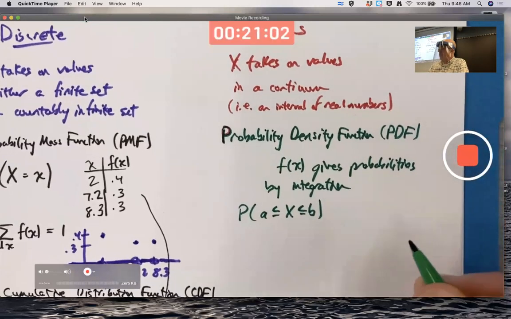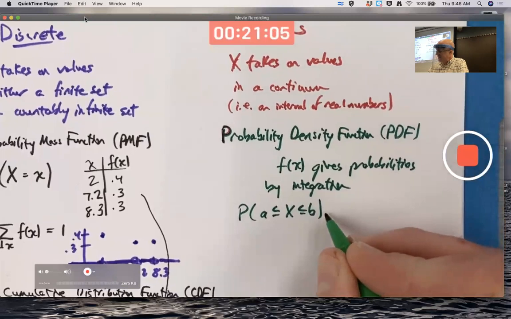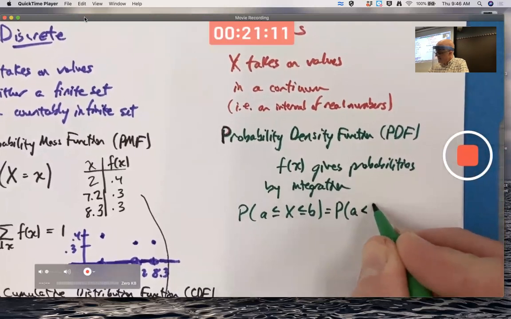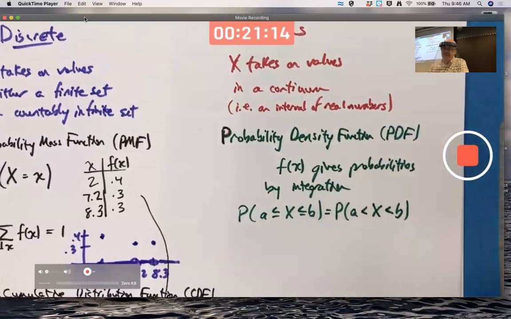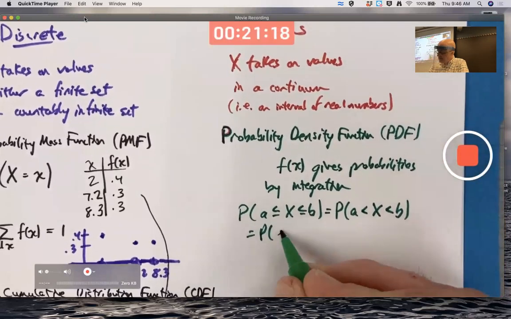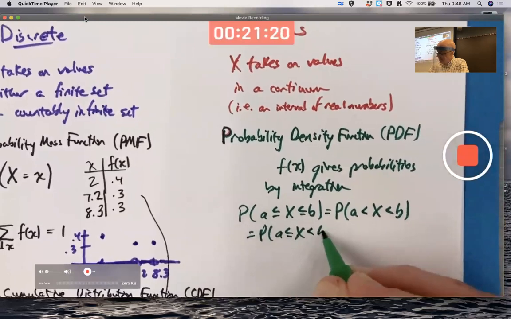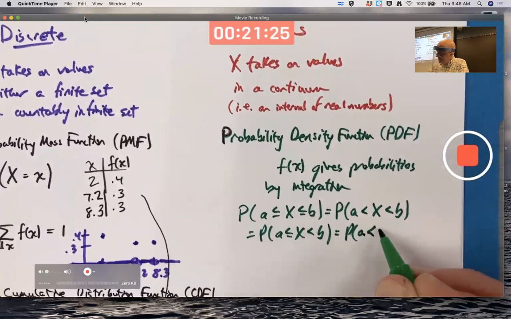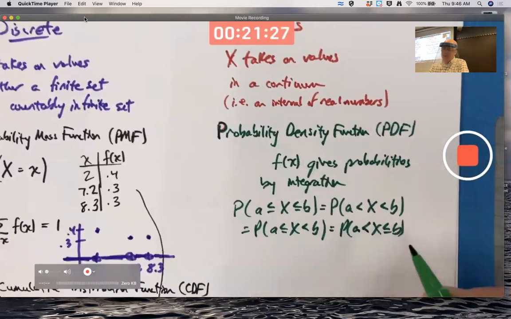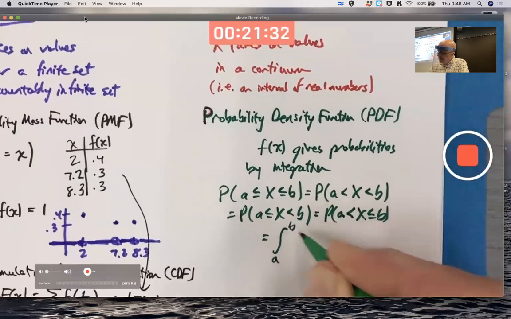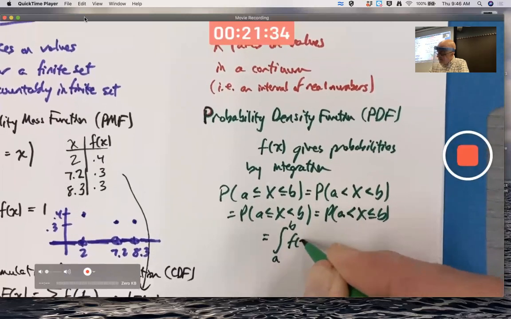And it doesn't matter whether you make the inequalities strict or not. These probabilities all end up being equal in the continuous case. I'll go ahead and write them all. Those are all equal, and they equal the integral of the PDF from a to b.